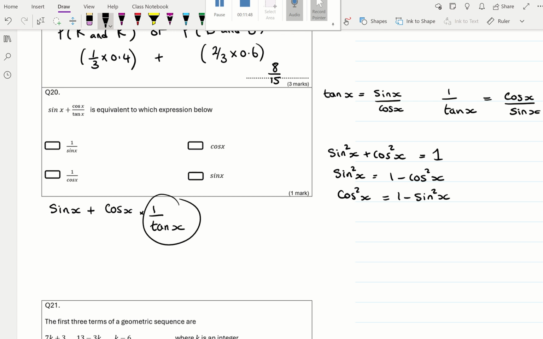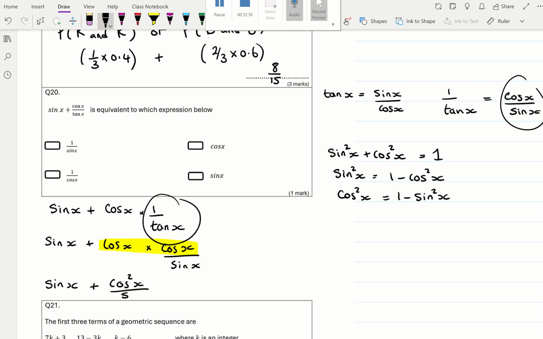And this can be rewritten as sine x plus cos x times that, cos x over sine x. Well, that together becomes sine x plus cos squared x over sine x. Cos x times cos x is cos squared x.